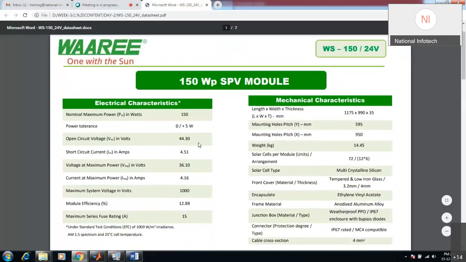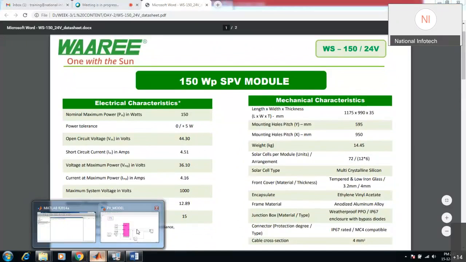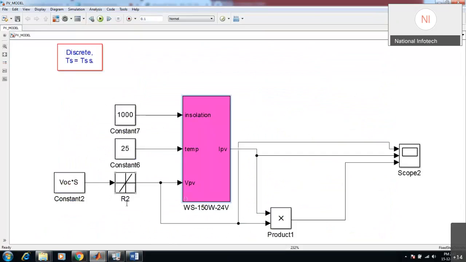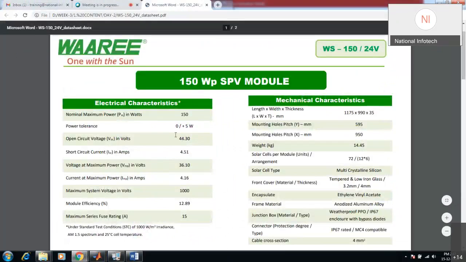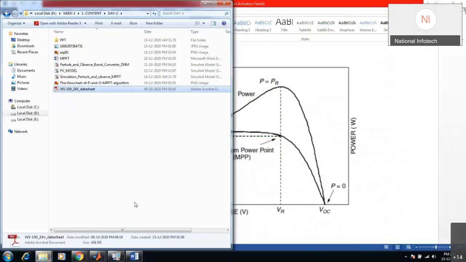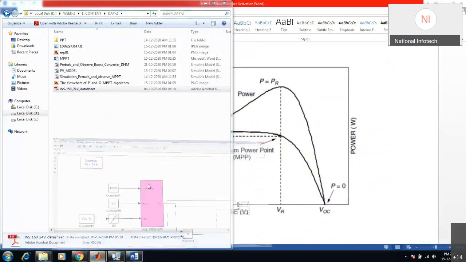This we have simulated in MATLAB, so we will understand how this panel works. As we have seen in the video, we will be using three panels like this: three panels in series and one parallel connection.